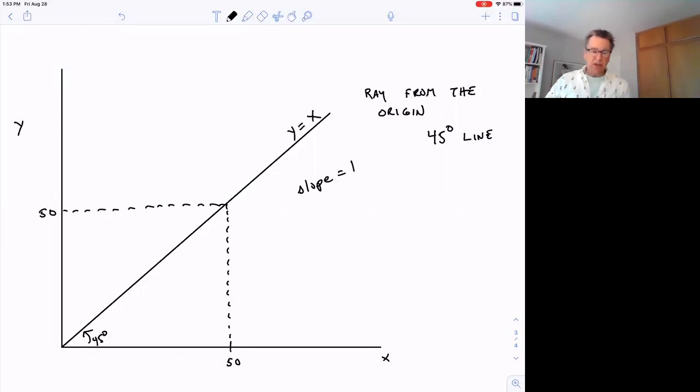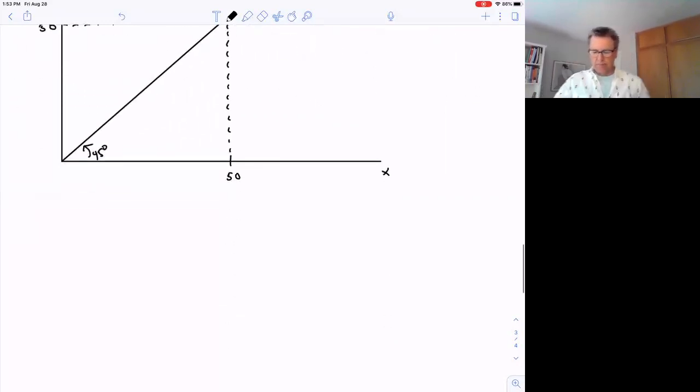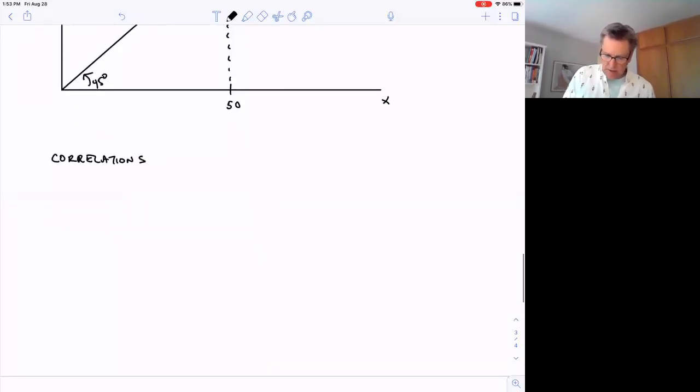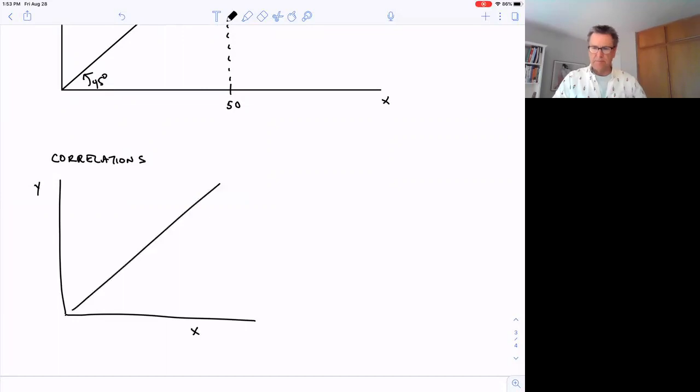Now, correlations can be positive or negative. And in economics, we're always looking for correlations, variables that are correlated somehow. So if we go get some data, and it turns out that the two seem to be correlated, in this case, they're positively correlated.